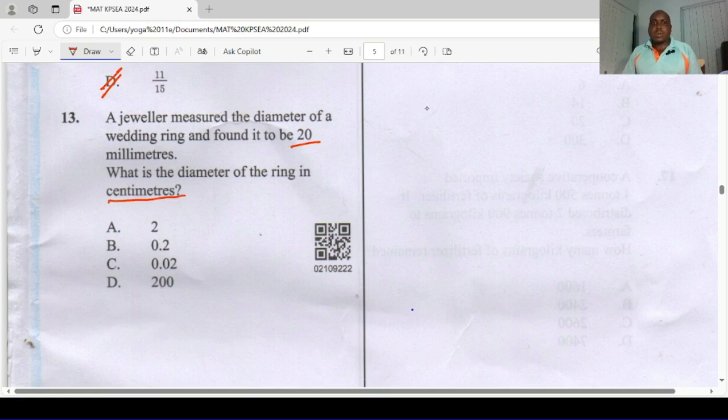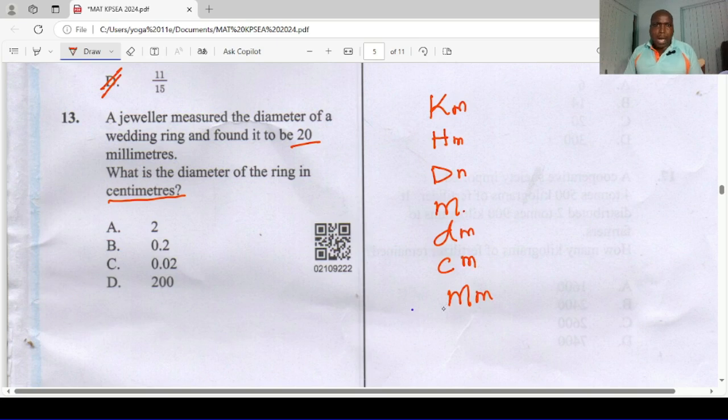So this one I will remind you of the mnemonic: Kenya has dark main dams containing magic. Kilometer, hectometer, decameter, meters, decimeter, centimeter, and millimeters.